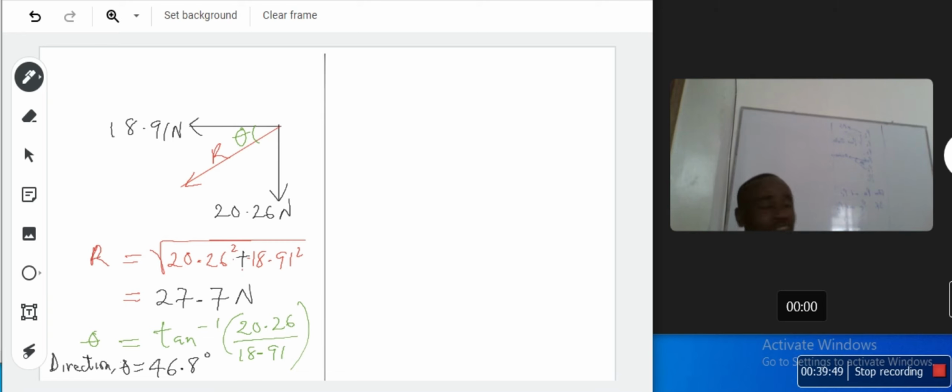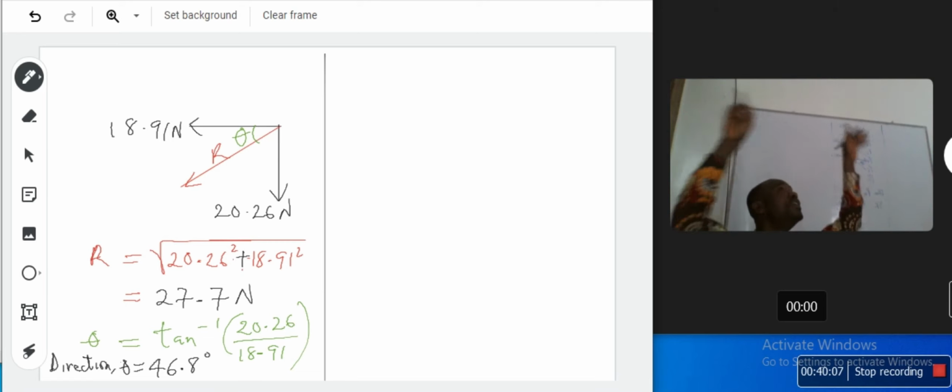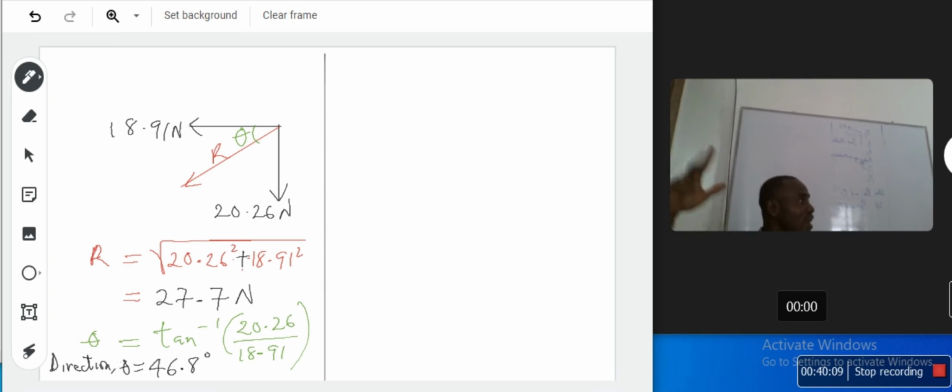Okay, so that's the thing about resultant force. All of these things we are doing is not just for the fun of it. In design, you take all of these things into consideration, particularly those of you that are going into engineering, structural engineering. You want to design a house, design any structure. You need to understand how forces are acting from different angles, the beams, the pillars, the columns, and all the weights, the dead weights, and what have you.